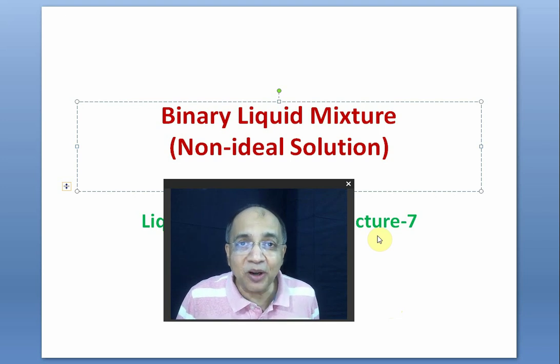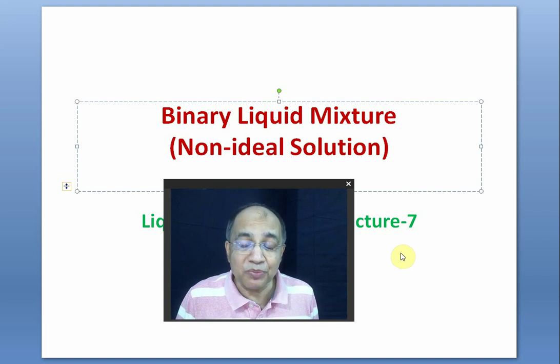If one of the components can be separated in pure state, the other component will remain as a mixture throughout. That is called an azeotrope or a constant boiling mixture. That is the property of a non-ideal mixture.